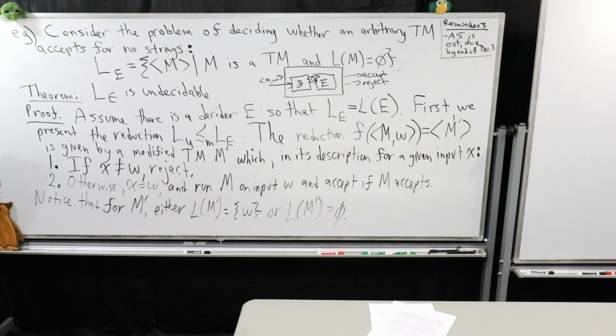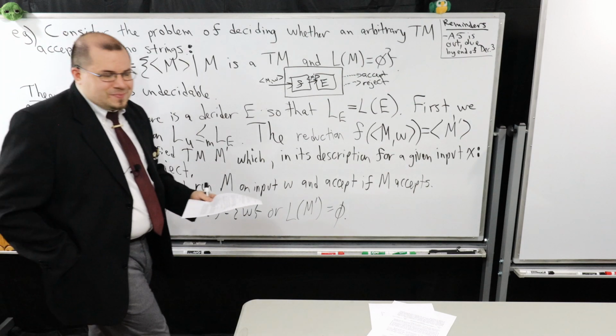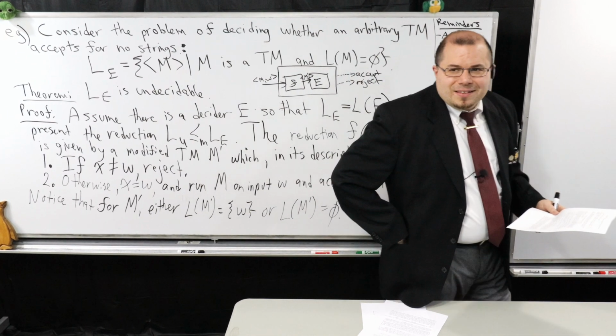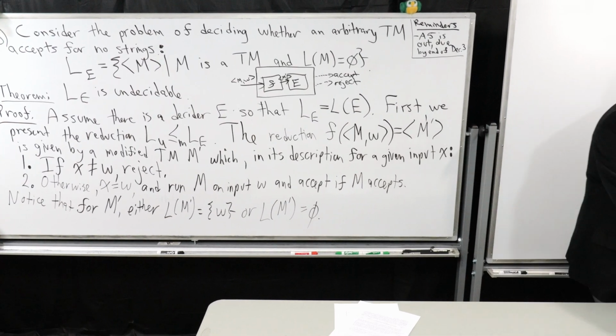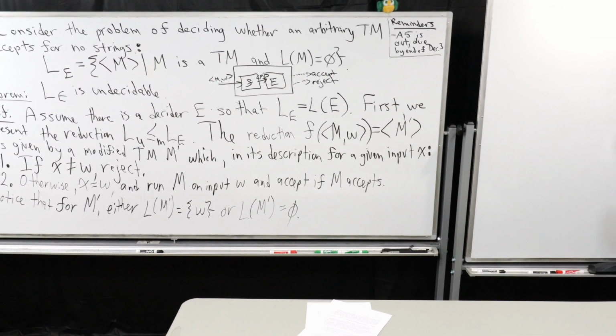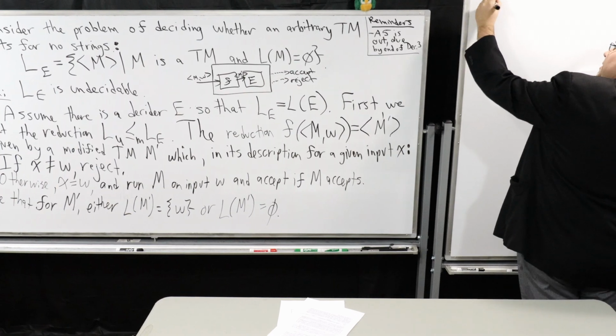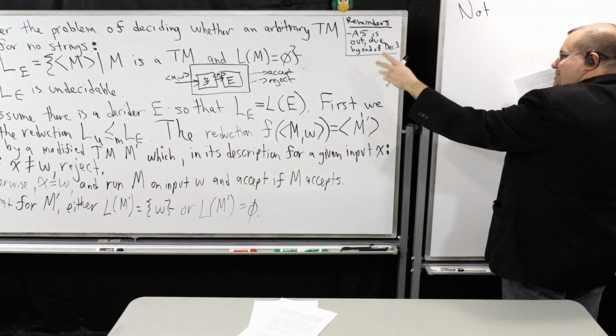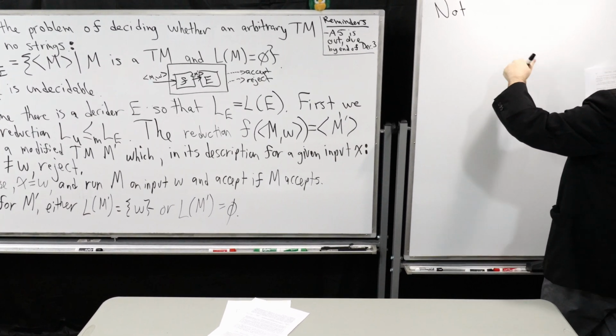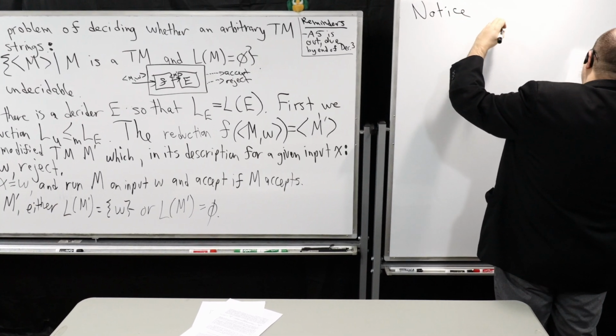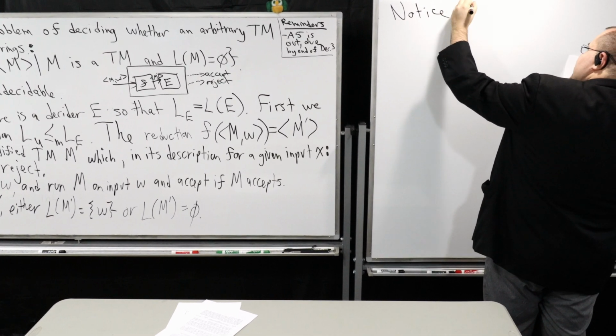So I'm going to now describe to you how I'm going to make a decider for the universal language. So here we go. So now I'm just going to describe that box to you, the big box.